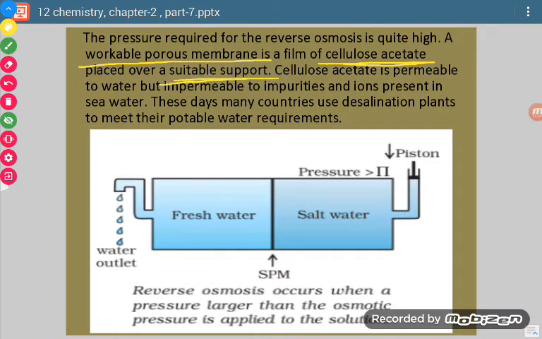This film is permeable to water, meaning it permits the movement of water molecules, and impermeable to impurities. Except water molecules, all other things are impurities, the solute particles, so they do not move through it.